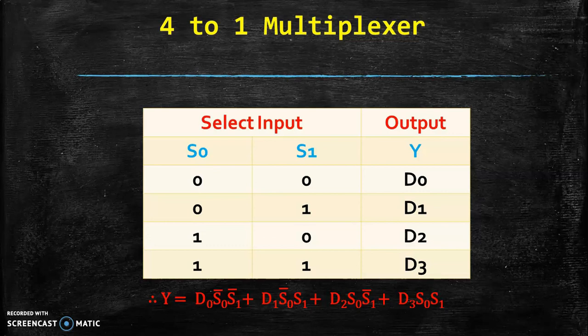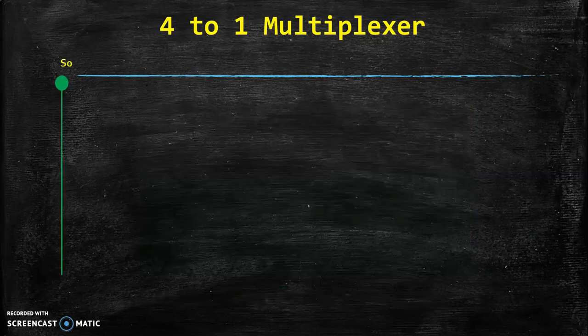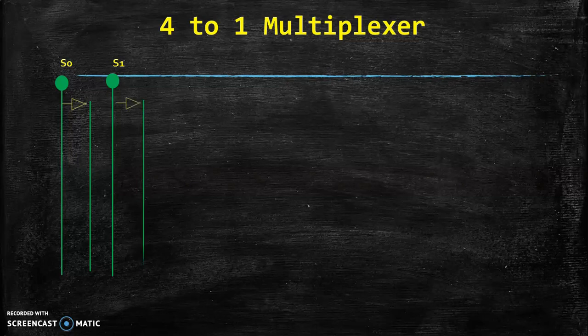To get select line inverted S0 bar and S1 bar, we require NOT gate. So now let us implement the logic circuit. We have one S0 data select line, we have S1, and with the help of NOT gate we can have S0 bar as well as S1 bar.